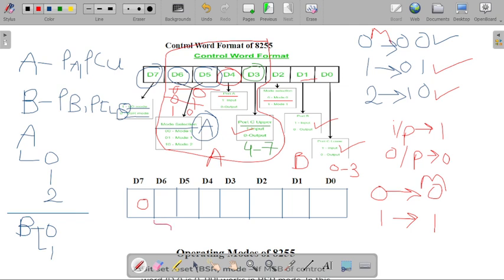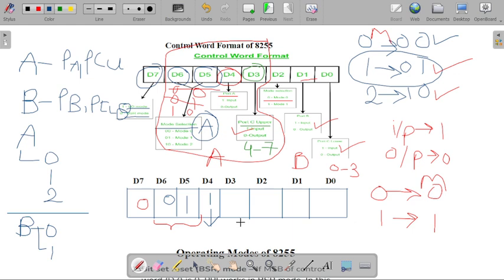These 2 bits are used for mode selection of group A. Consider that we select mode 1 of operation, then we write 0 and 1. Now this bit is used for our port A structure, and if it is working in input mode, we write 1. If it is working in output mode, we write 0.